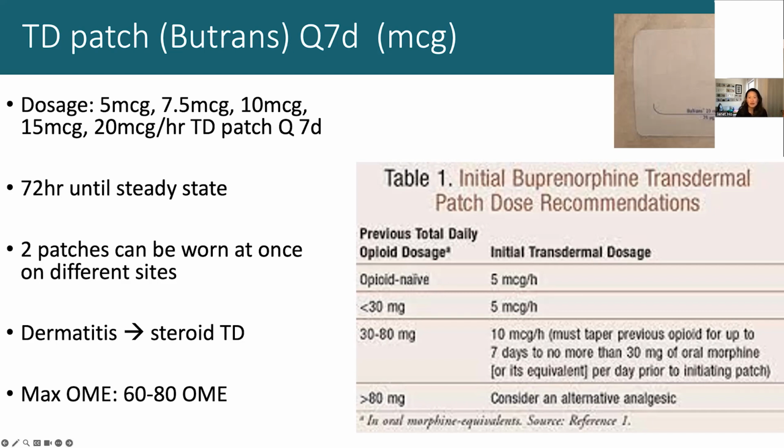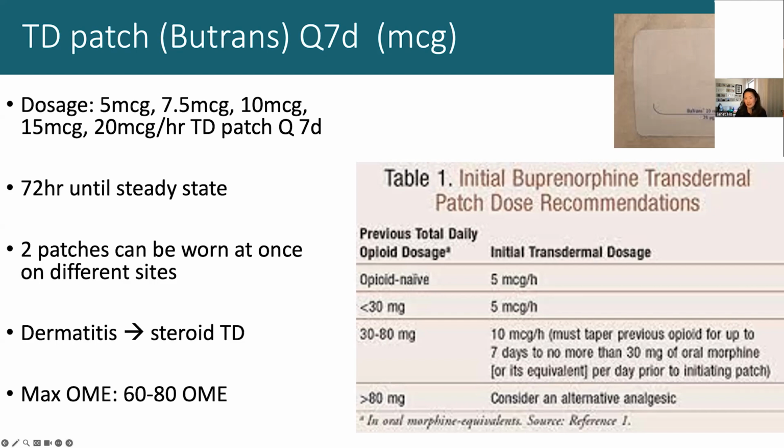So a 5 micrograms per hour patch might deliver something like 10 OMEs of opioid effect for someone. I wouldn't use that as an equianalgesic conversion ratio. I would just use it as a guide in your head if you're not quite sure where to start.